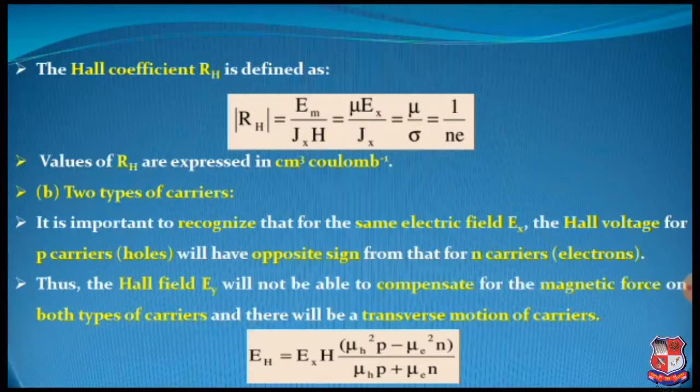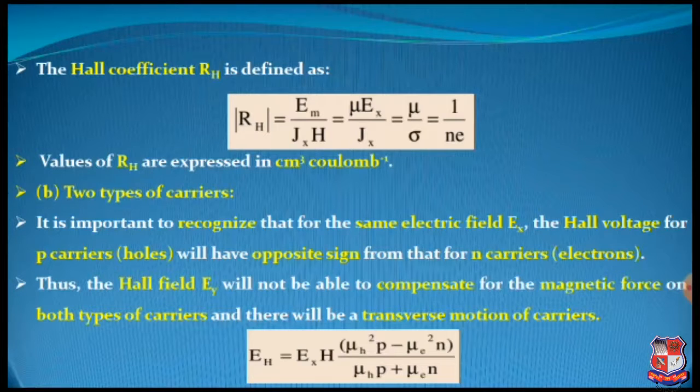So this was all about step A. Now we will move on to step B, where we are assuming that both types of charge carriers are present, that means electrons and holes both are available inside the investigating crystal.